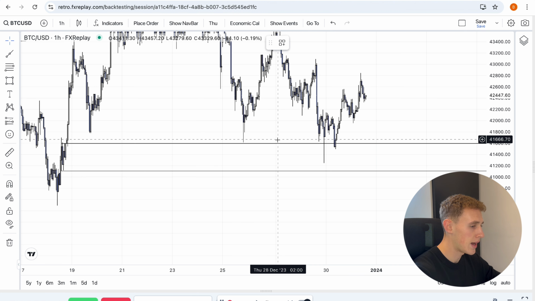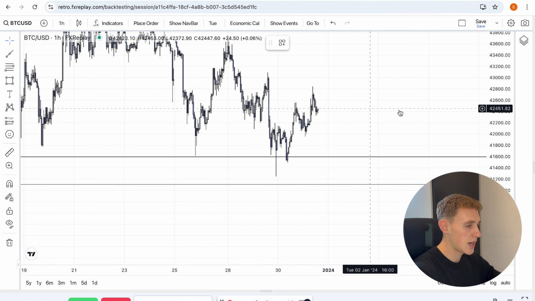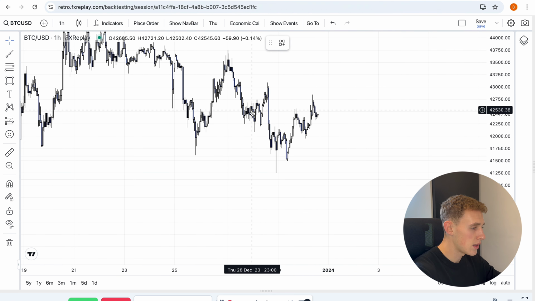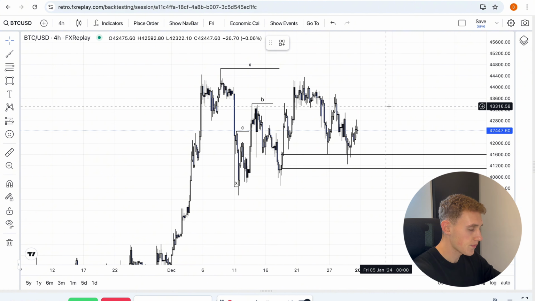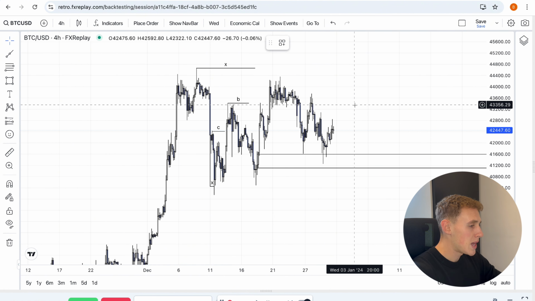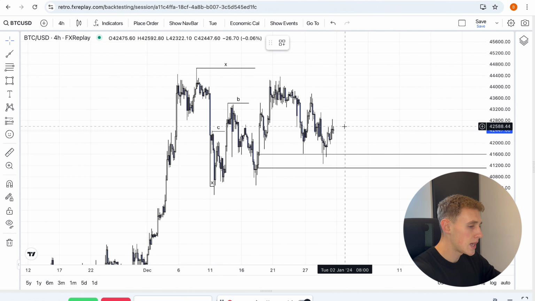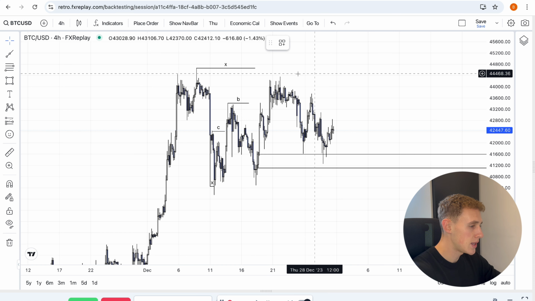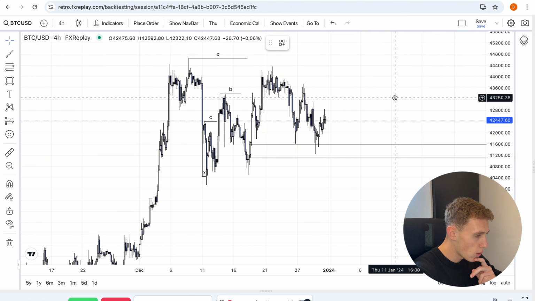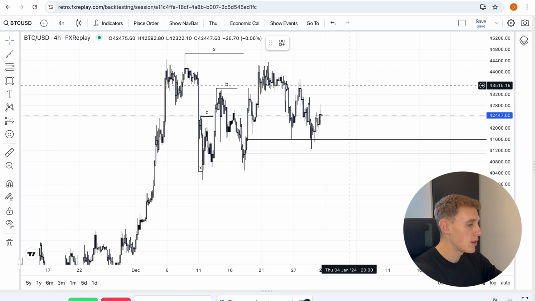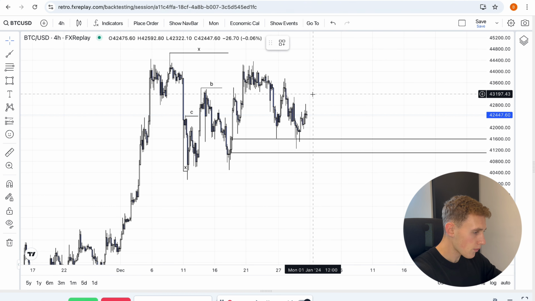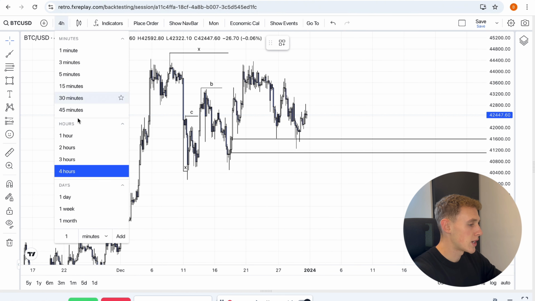Price took out that low to the left, and at this point in time, I think the lower time frames would be bullish. But let's just go back out for a second. So what I'm basically anticipating from here is that either price continues straight up into these highs, or we come back down, re-grab these lows, and then we can look for the buys instead. Either way though, I am only interested in buying.